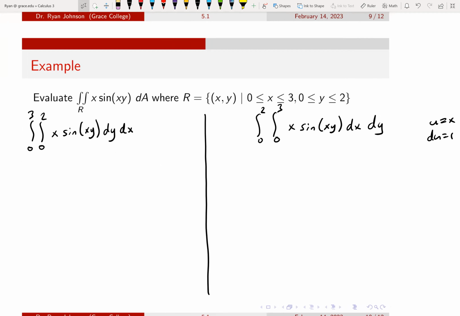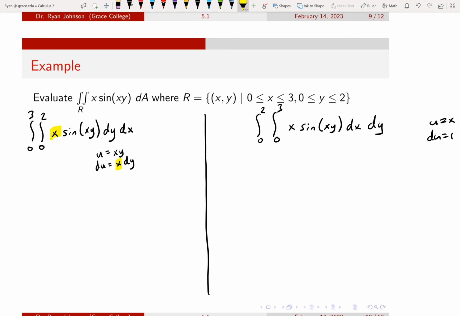The other way, if I integrate with respect to y, then I'm going to do a u substitution. So if u equals xy, then du equals x dy. Makes sense? So look at that, how that matches that.